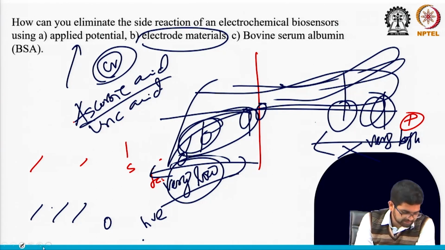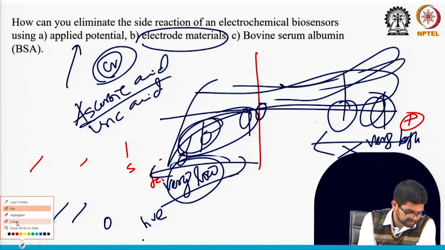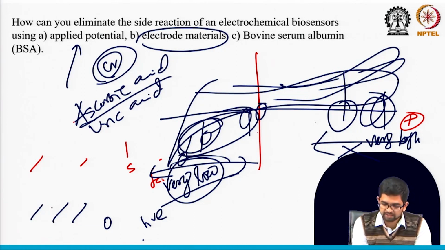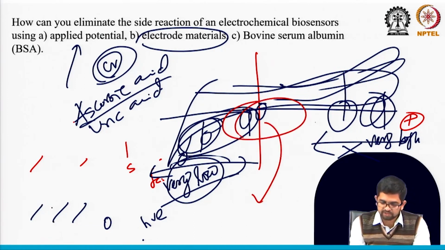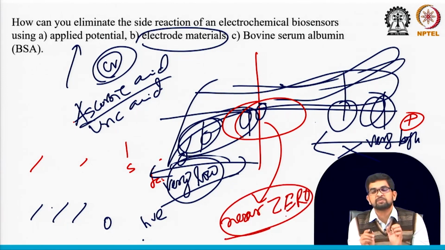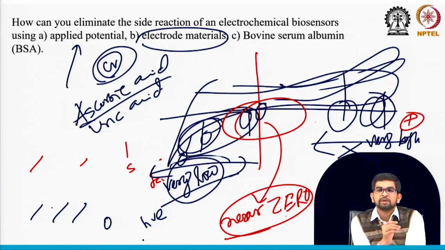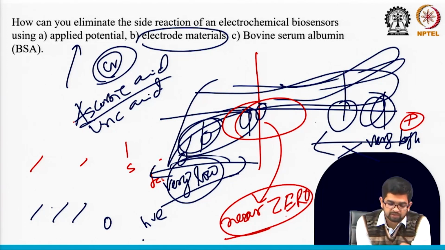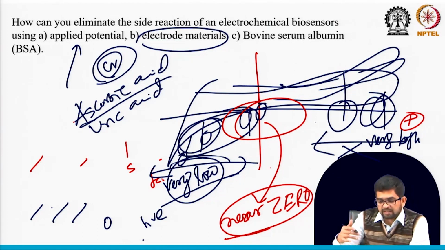The best selected potential is this region, near 0. This potential is the best for any biosensor development, especially when handling real samples. Here I am saying that this region is the best, but it depends on the sensor, right?